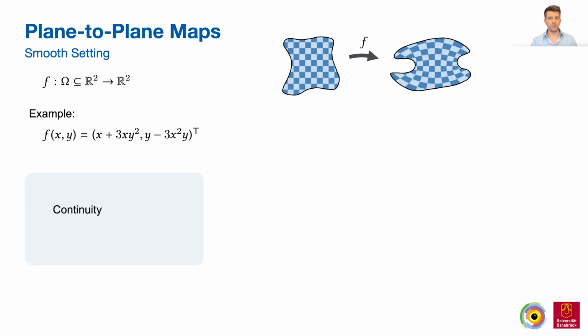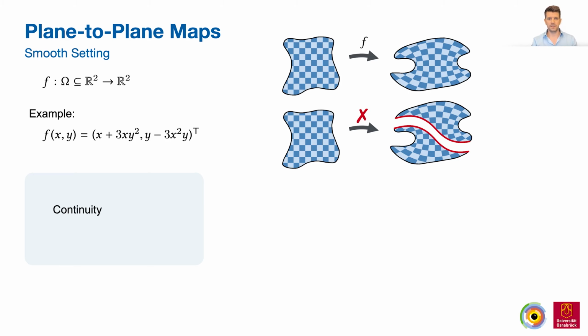First of all, continuity of the map is a common assumption. It is so important that it is quite often even assumed implicitly and not even mentioned. It almost goes without saying. Intuitively, of course, continuity means that something like this here, the domain essentially being torn apart under the map, does not occur. Then there is injectivity. In more detail, we can distinguish between local and global injectivity.